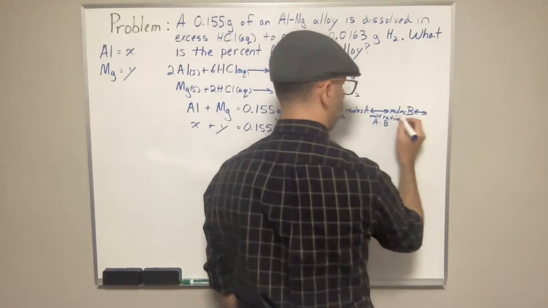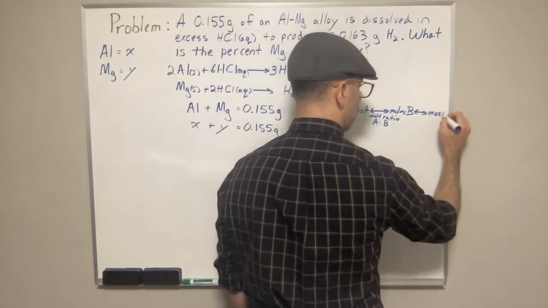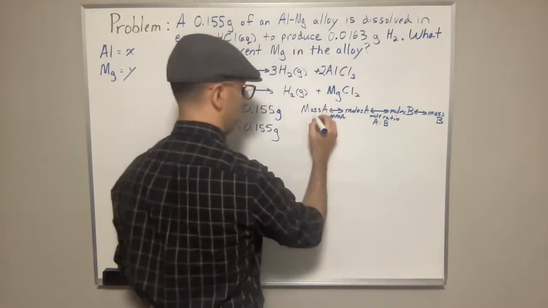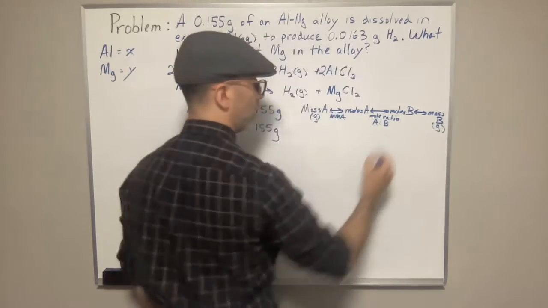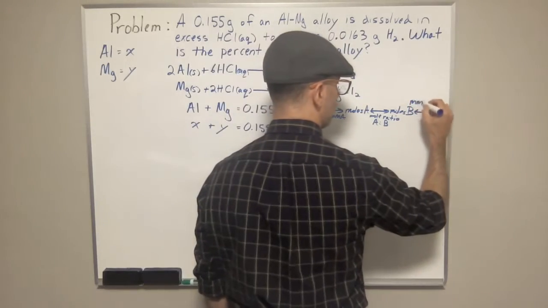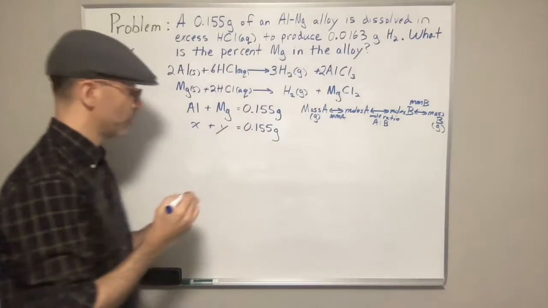And then from moles of B to mass of B, again, this is in grams. And again, we're going to use the molar mass of B to make that conversion.